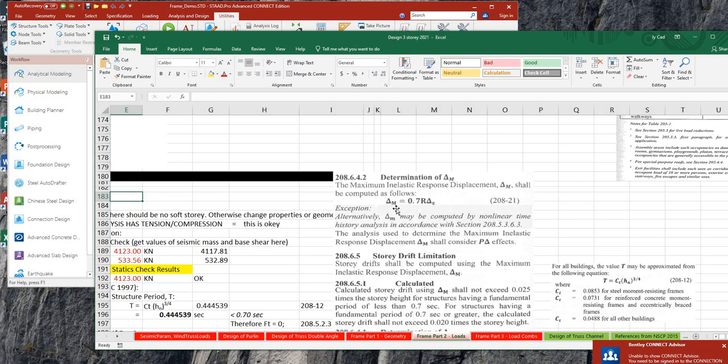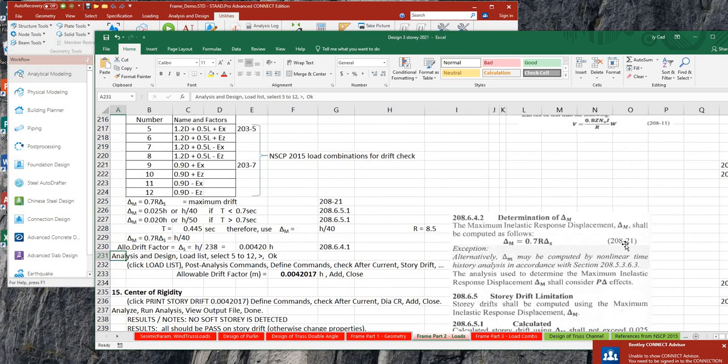Delta M is equal to 0.7 R times delta S. Alternatively, delta M may be computed by nonlinear time history analysis. Okay? So, 208-21, delta M, that is the maximum drift. Simply, the maximum drift is equal to 0.7 R times delta S.